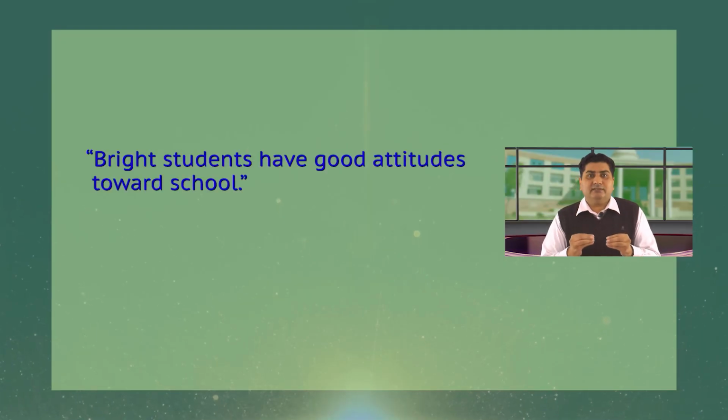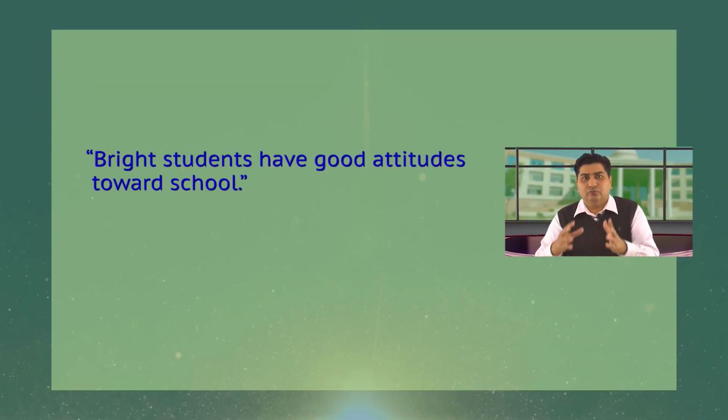Wiersma and Jurs discussed that a weakness of many hypotheses is that they are too broad to pinpoint the specific problem under study. For example, they are giving an example here: bright students have a good attitude towards school.